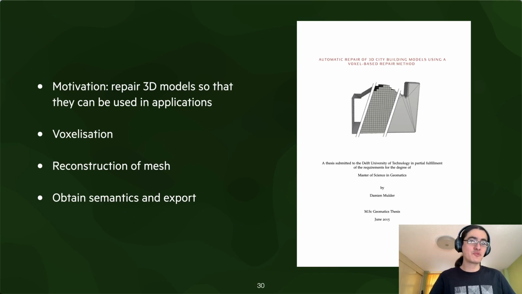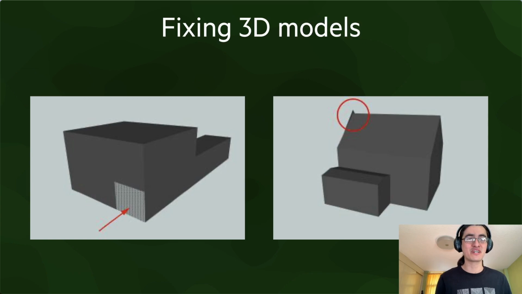So the idea was to use voxelization, like you did in the first assignment, because with voxelization it's easy to repair small errors, and then from the voxels you can try to reconstruct the original geometry in a bit more sophisticated way than we did. So I think you will find this application interesting.